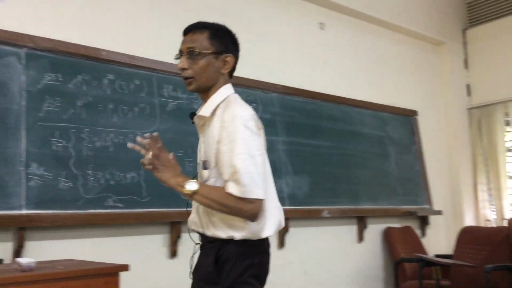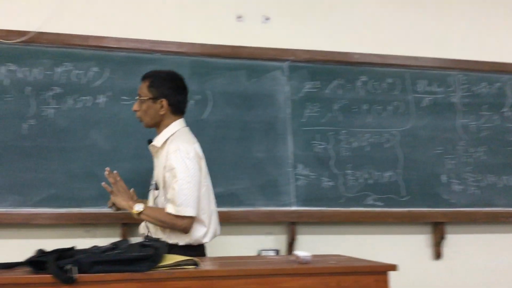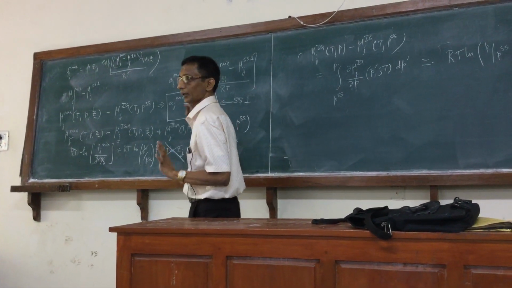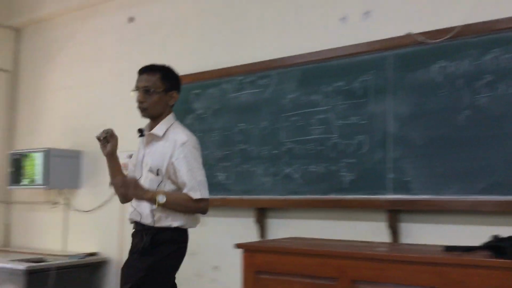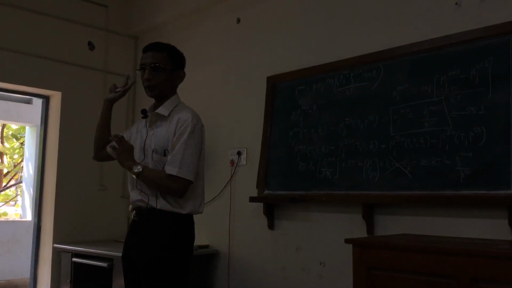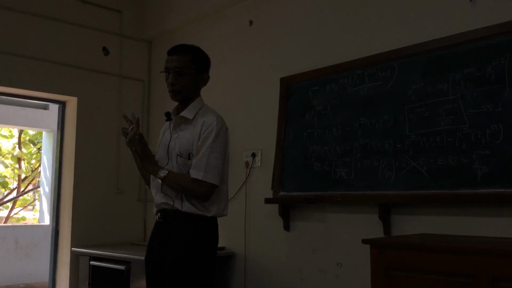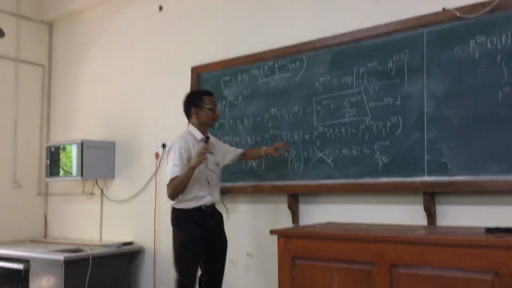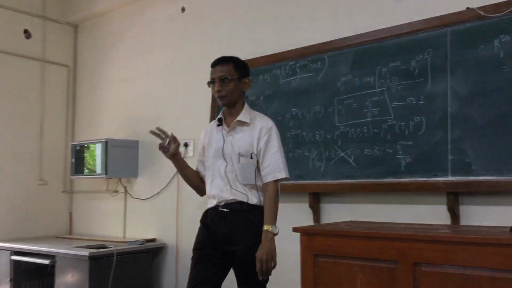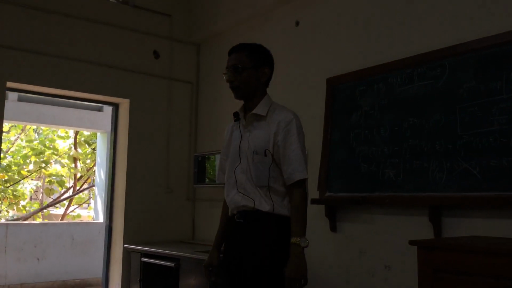This is very important because many books tend to ignore this because they say we are taking it to be 1 bar. So P is 1. That means you have to remember that the fugacity has to be expressed in bar, right? First of all, the standard state pressure need not be 1 bar. Why should we restrict it? We know that's the convention, but right now we don't have to restrict it.